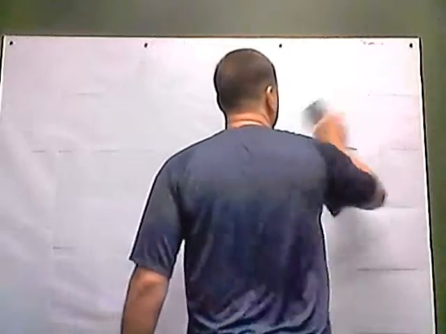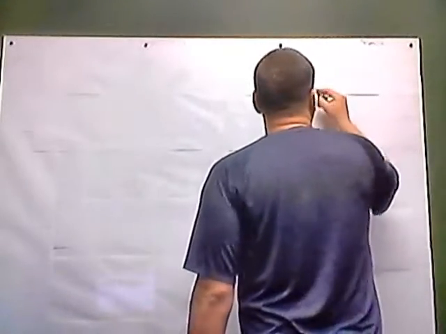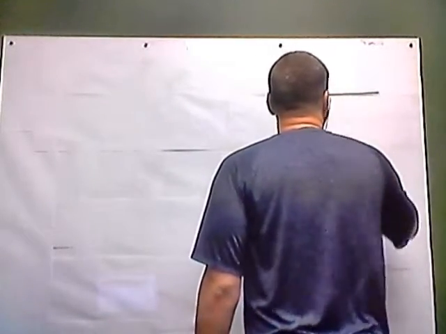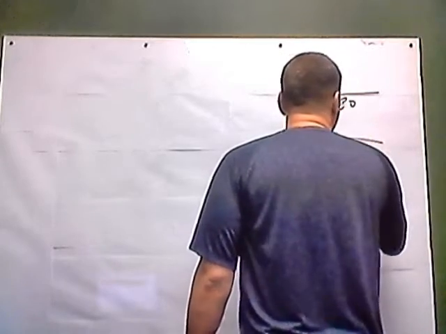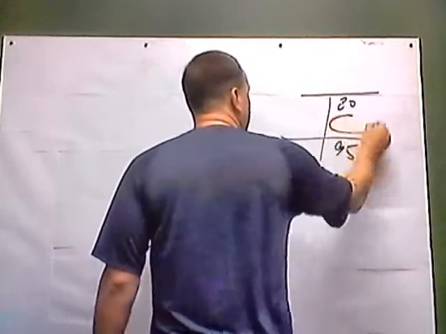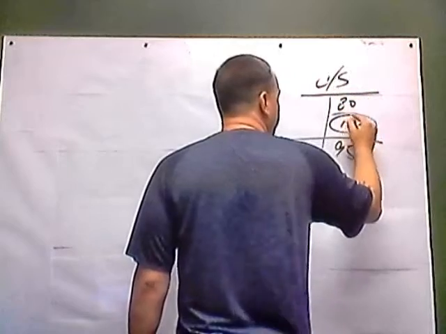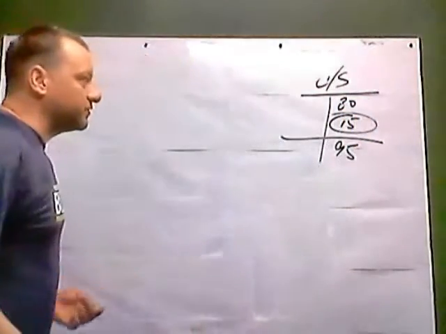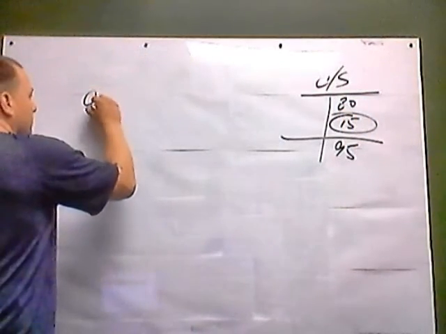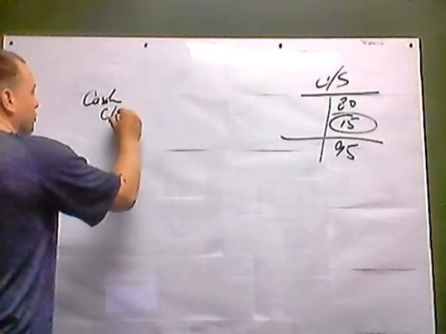That's a credit. So again, start with 80. Now you're at 95. Well, how did your common shares go up by 15? Well, you must have sold shares for cash. Debit cash, credit common shares.